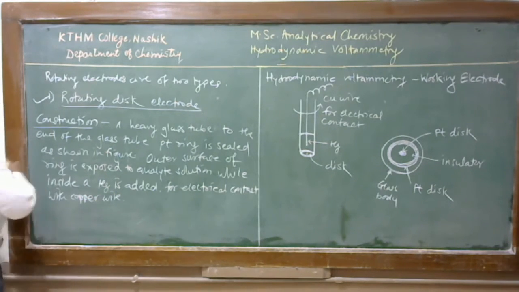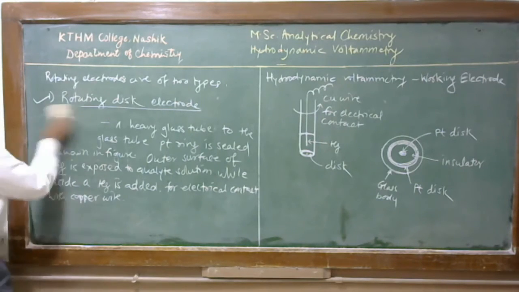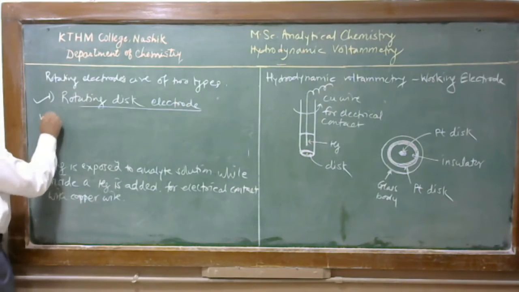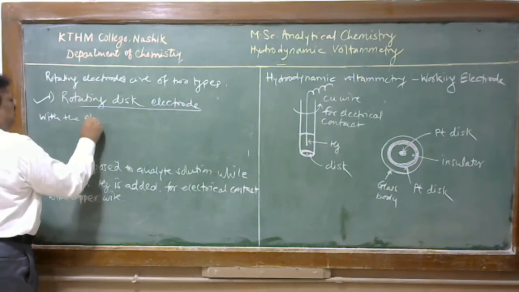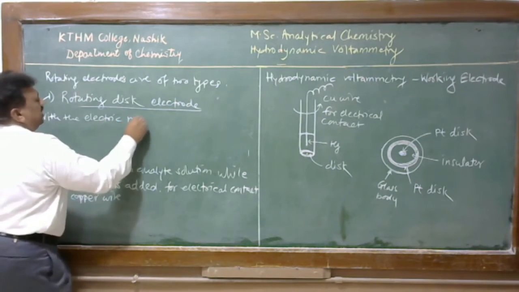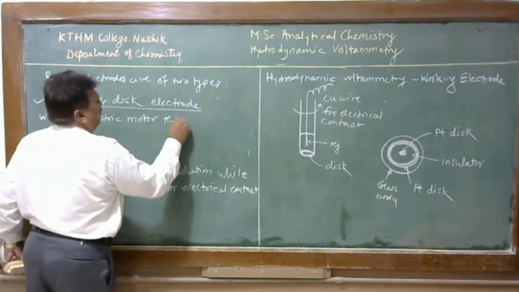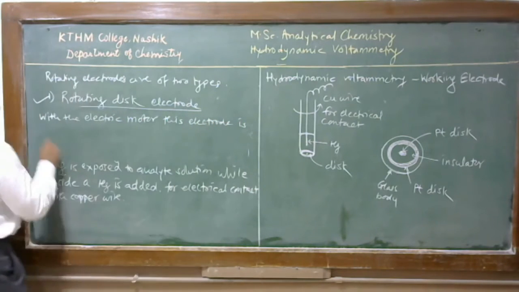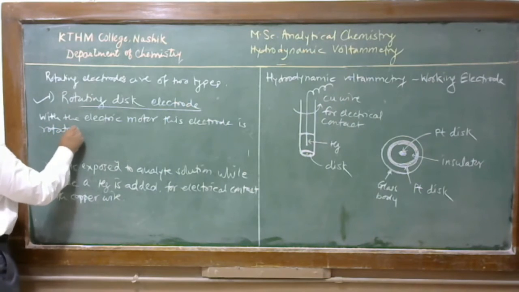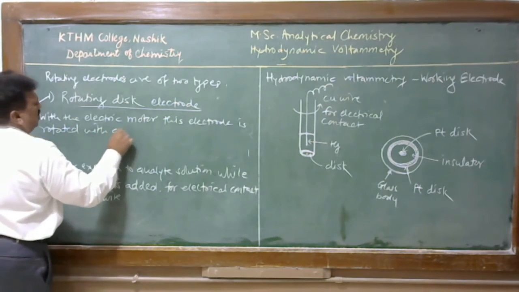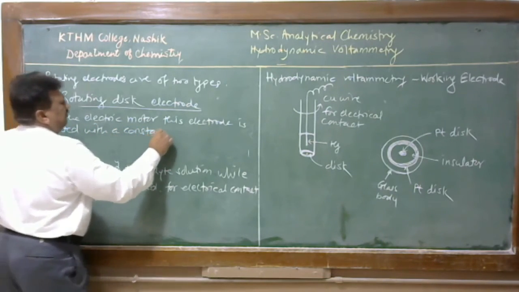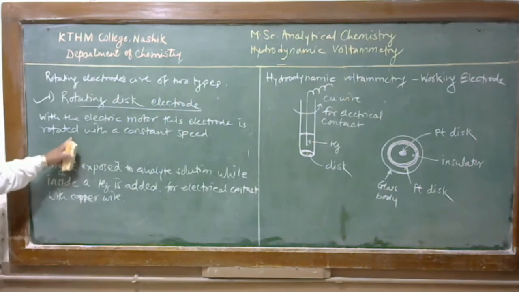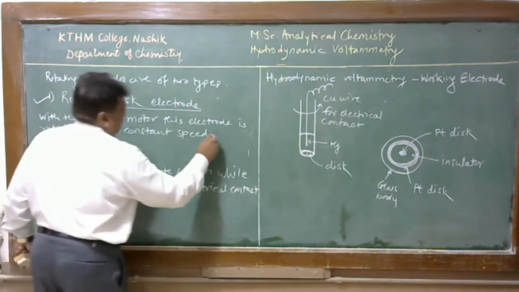With an electric motor, this electrode is rotated with a constant speed, and then it will act as a rotating disc electrode.